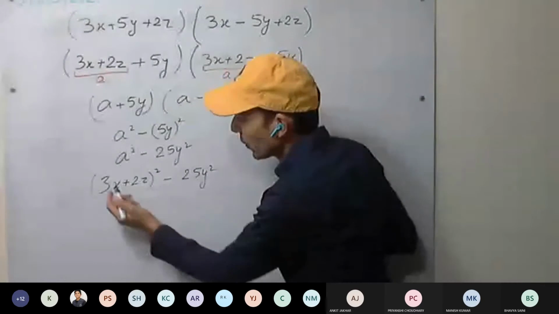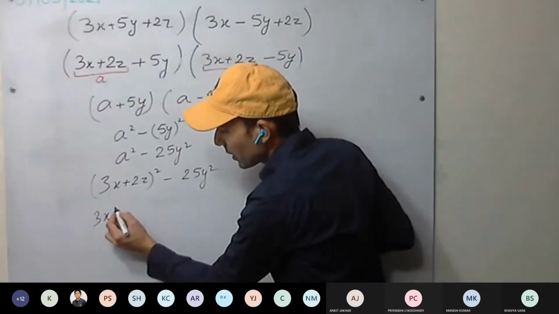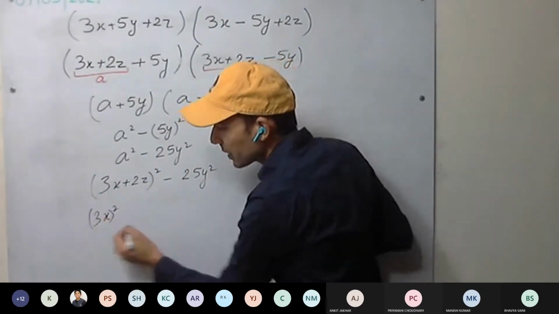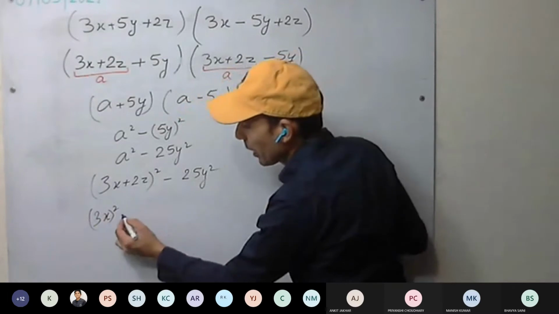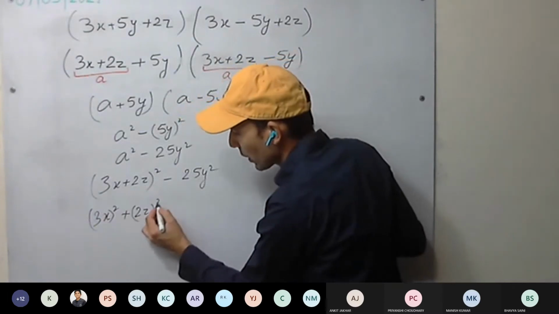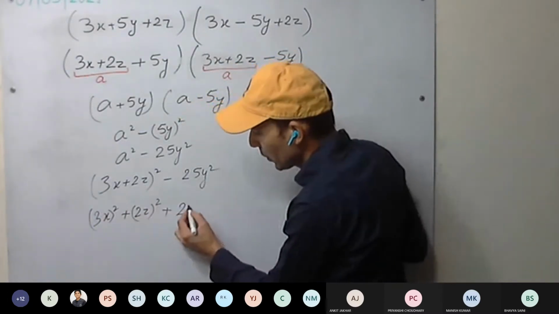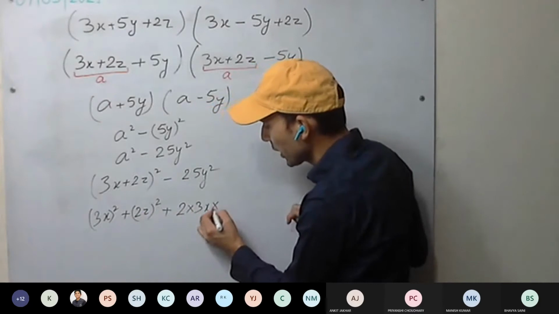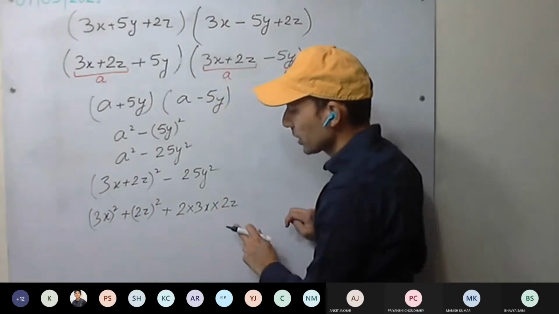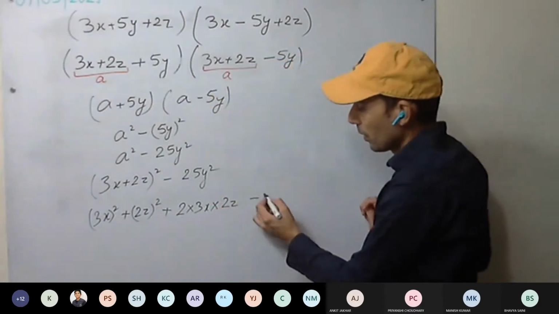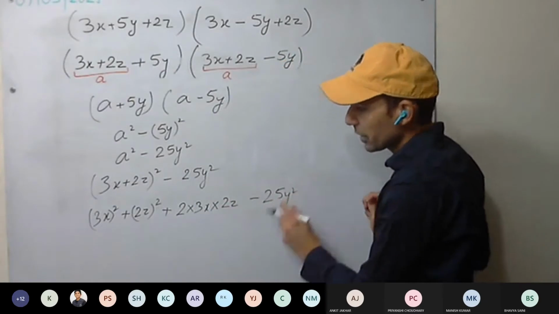Okay. So don't write it like this. It will be 3x the whole square plus 2z the whole square plus 2ab, 2 into 3x. Please do write all steps. Don't skip the steps. Minus 25y square as such we have written.